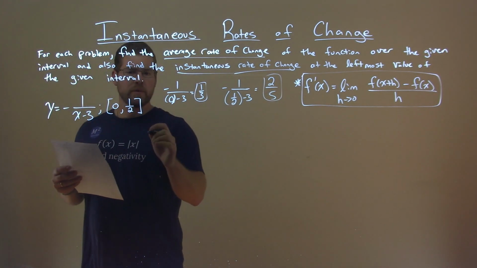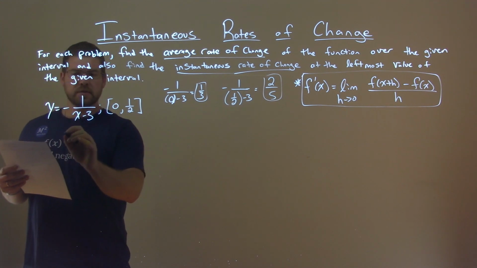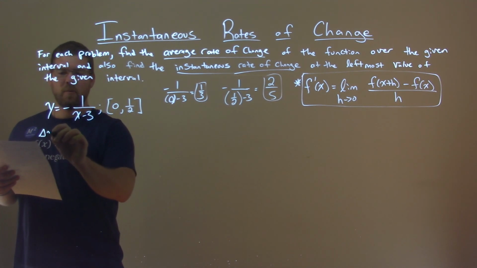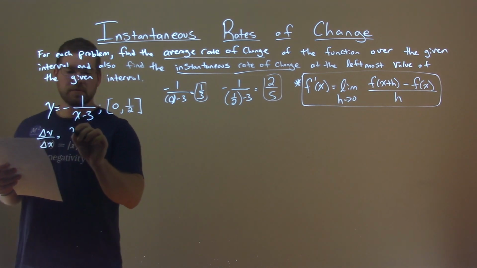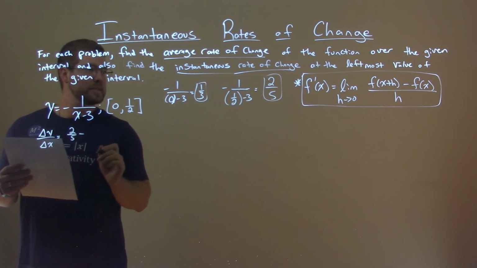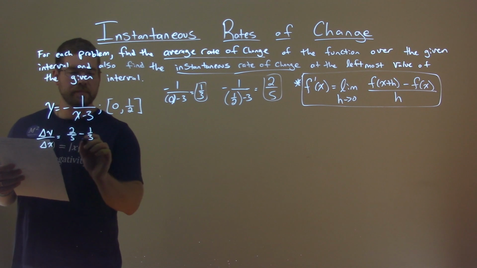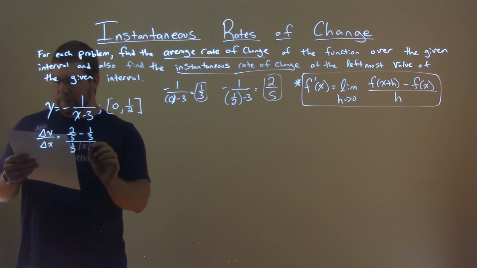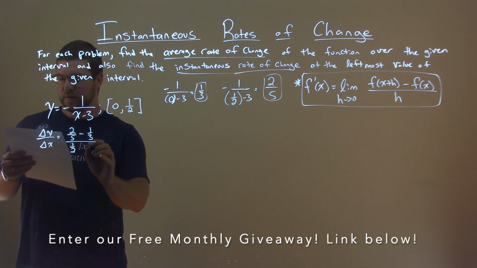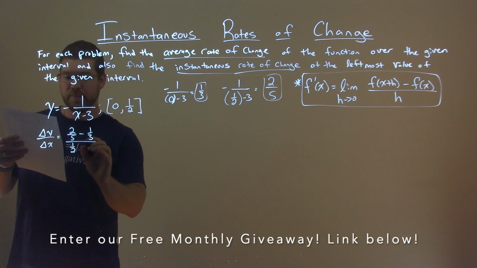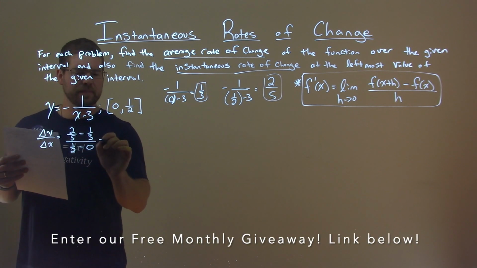So we use our formula, right? Our delta y over our delta x, change in y over change in x, is equal to 2/5 minus 1/3 over 1/2 minus 0. Make sure I don't have the wrong problem there, yeah, minus 0.